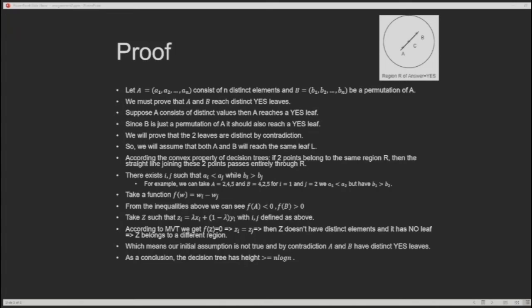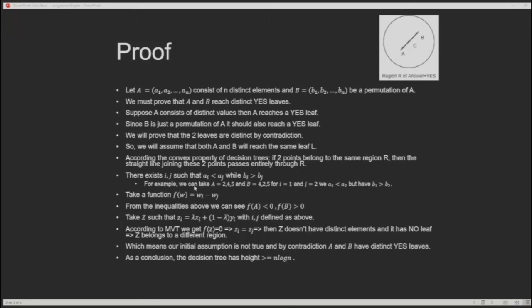According to the convex property of decision trees, if two points belong to the same region R, then the straight line passing through these two points passes entirely through R, as can be seen by this figure, where we have a convex surface. The points A and B belong to the same region R. Then the straight line passing through them passes entirely through R. And we can find two indices i and j such that Ai is less than Aj while Bi is greater than Bj.